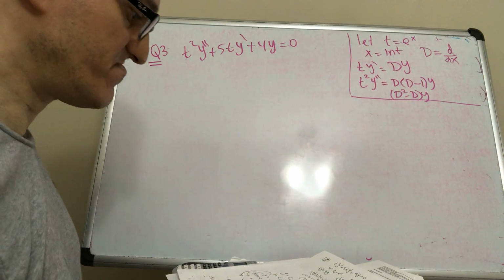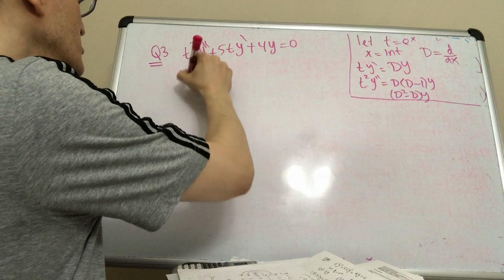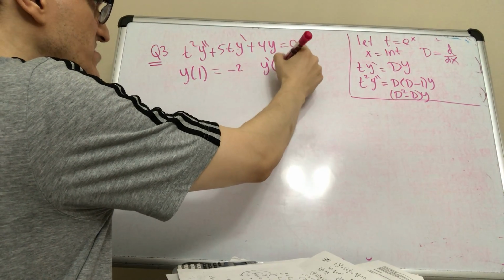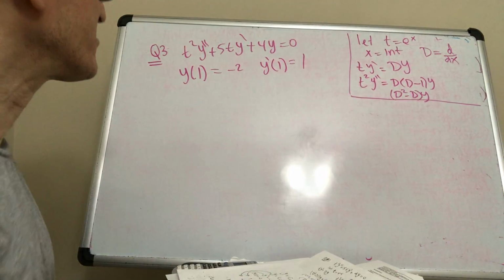We're going to follow the same structure. They also tell you that y at 1 is minus 2, and the derivative at 1 is 1.